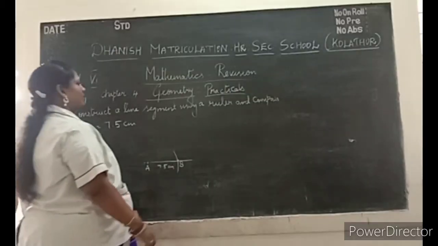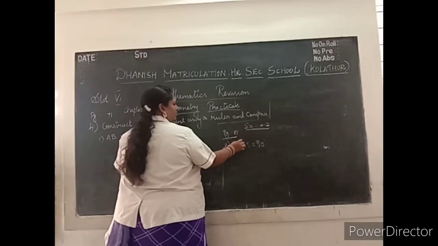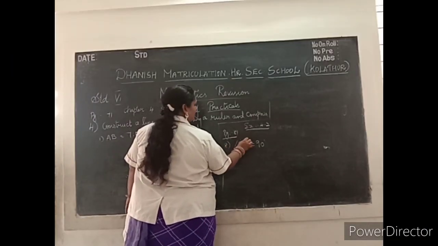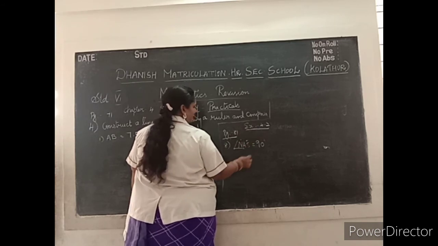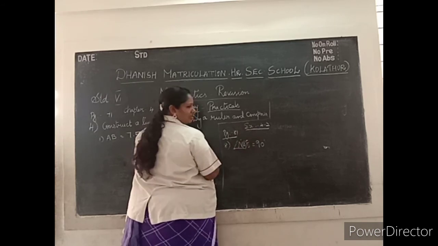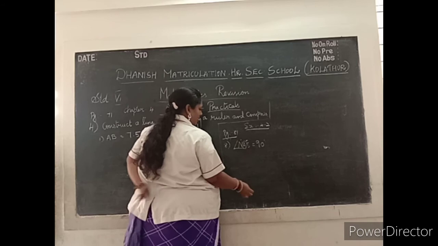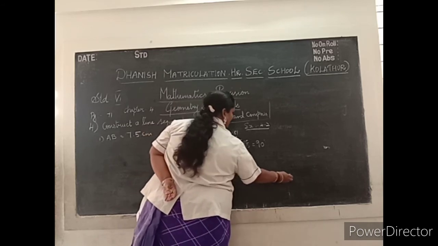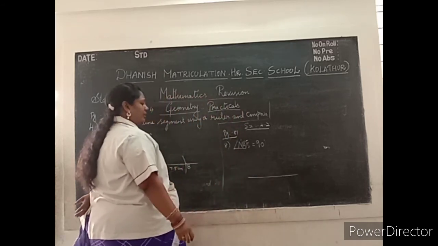Okay. So the next one, the sides will be N and S. A will be the vertex. Vertex means the middle point. First you have to draw a line using a ruler.